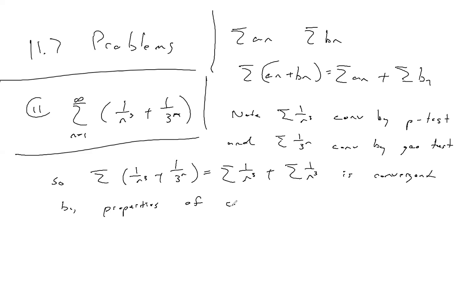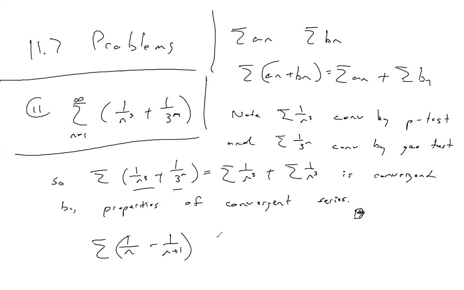of convergent series. Okay. It's important to note that we can only split this series up into 2 separate series if both of these are convergent. Okay. So for example, that's the end of this problem. Just a counterexample real quick. We have 1 over n minus 1 over n plus 1.